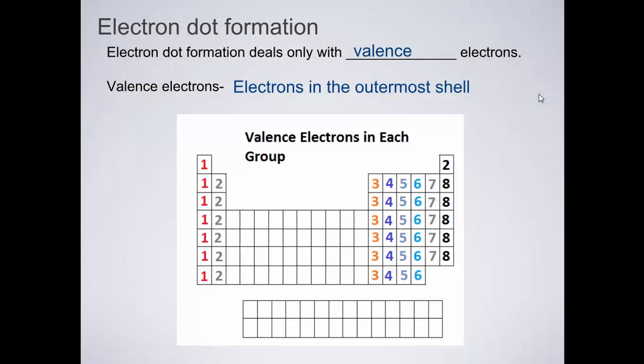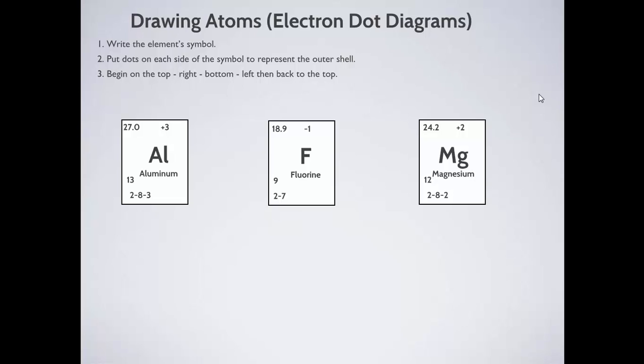All right, so if we want to draw an electron dot diagram, we first write the symbol of the atom we're interested in. And then we start to put dots representing only the valence electrons. So how many valence electrons does aluminum have?